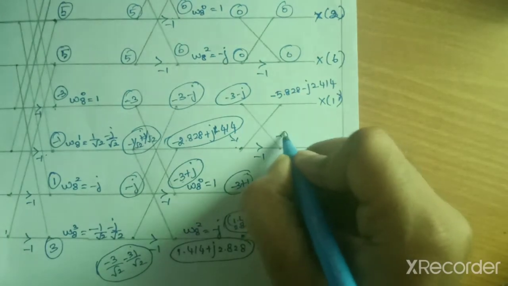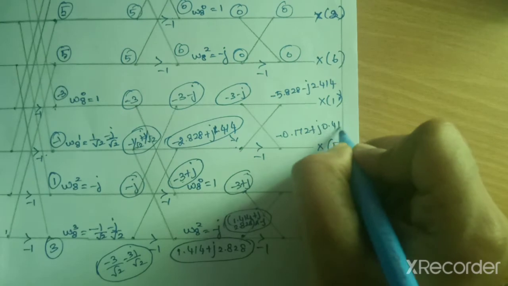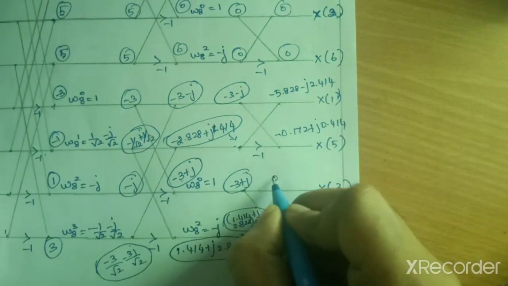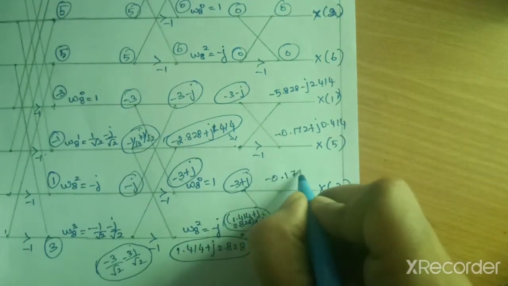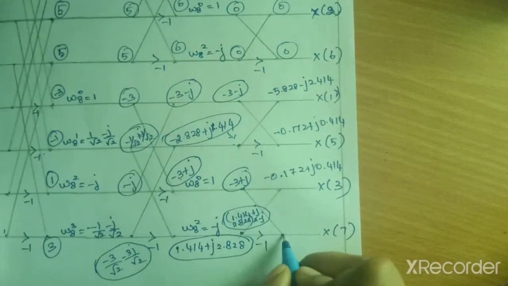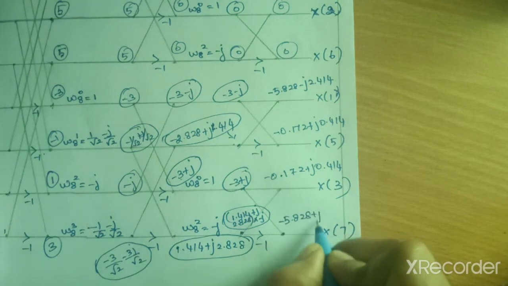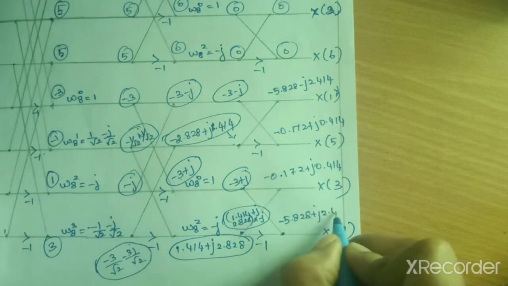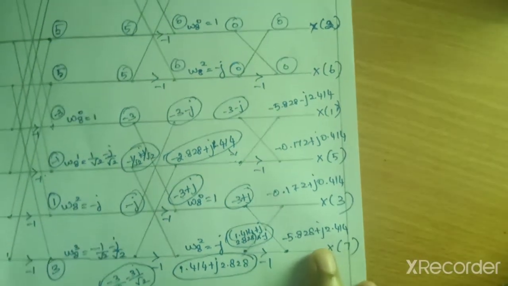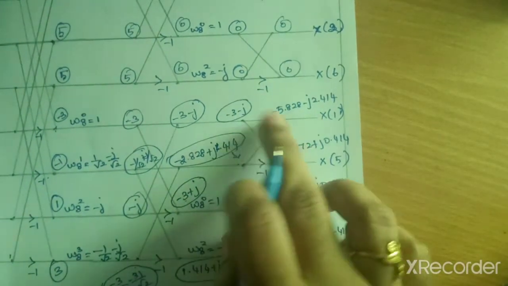The value will be minus 0.172 plus j 0.414, and here we have the value minus 0.172 plus j 0.414, and also in this point we can get the value as 5.828 plus j into 2.414. So we have calculated the value for every point.